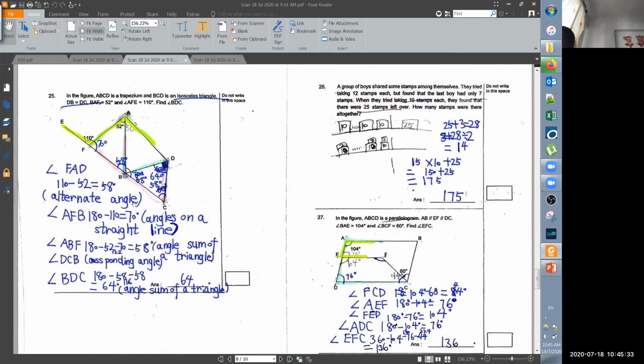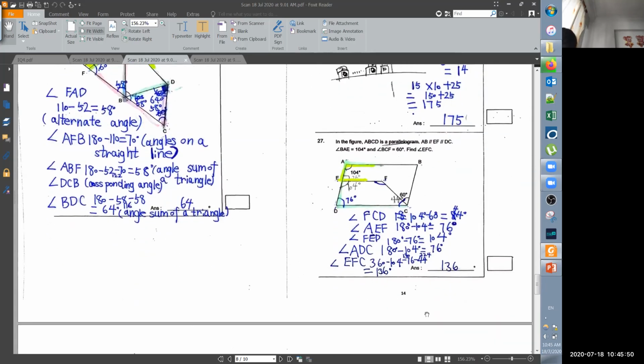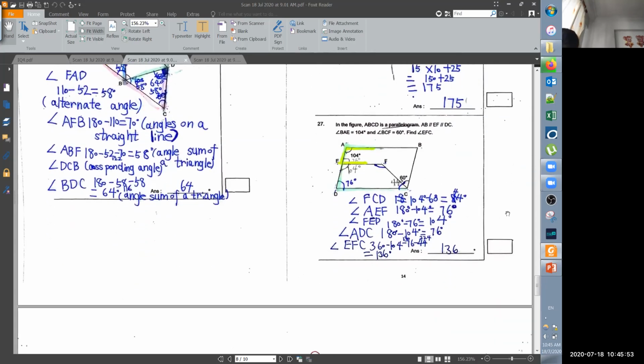Okay. Alternate angles on a straight line. Very good. So your spelling of corresponding is wrong. You are writing corresponding incorrectly. Okay. The rest is okay. Okay. 26 okay. Then how come there are no statements here at all?